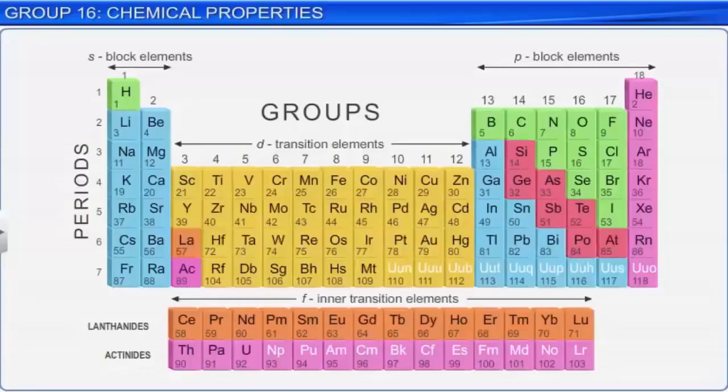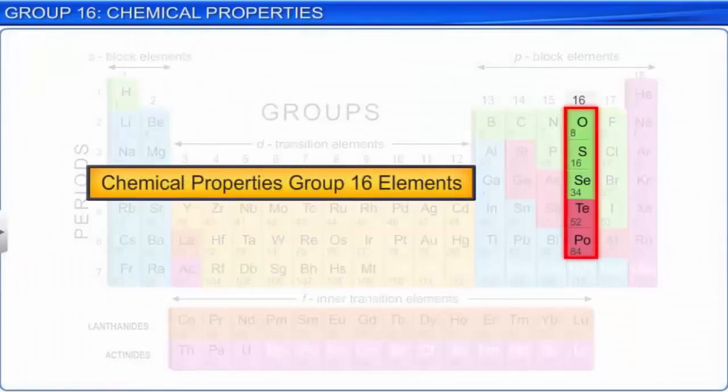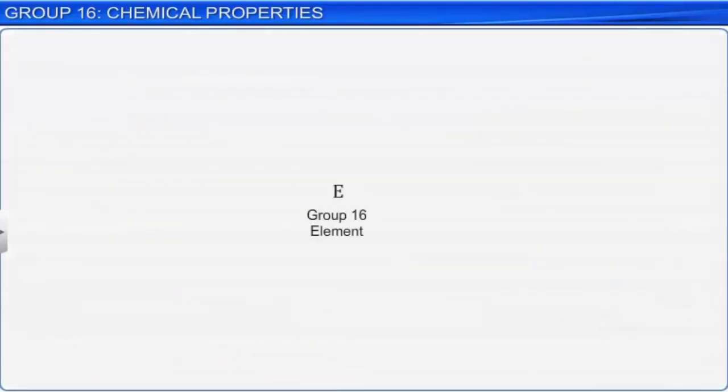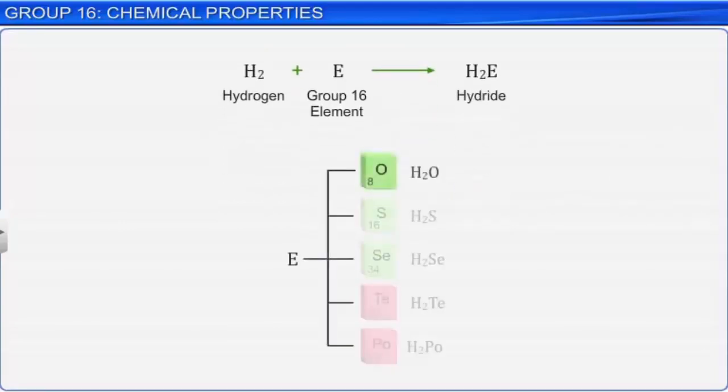Now, let's discuss the chemical properties of these elements. The elements of this group react with hydrogen to form hydrides of the type H2E, where E could be oxygen, sulfur, selenium, tellurium, or polonium.